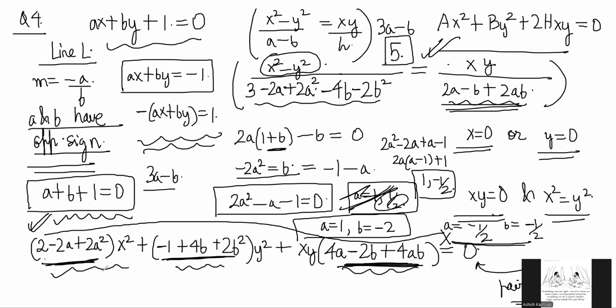Correct? Yes, sir. And m1 plus m2 is equal to 2h by b. So you get this condition anyway. The condition that we finally said is 0, right? And you also have to use the fact that m1 m2 is equal to minus 1. So from there also you can get 2a by b is 0. You can check that condition what comes from there. Or you can follow the method that we just now did.